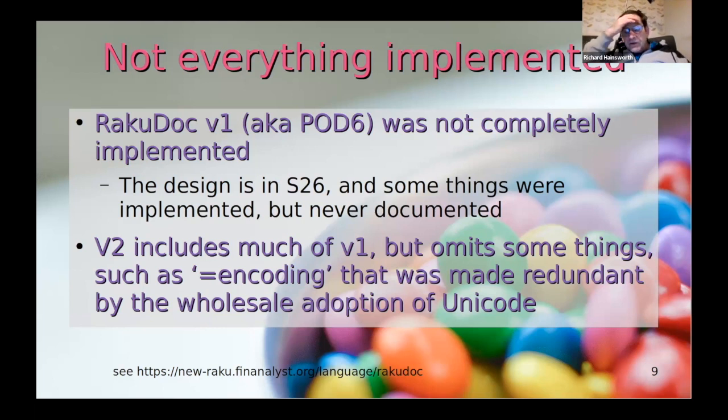There were a couple of other things about version 1 that, because it was written 15-20 years ago, it was very important to know what the encoding of the file was, and therefore you'd have an encoding directive. We don't need that anymore because everything is Unicode.